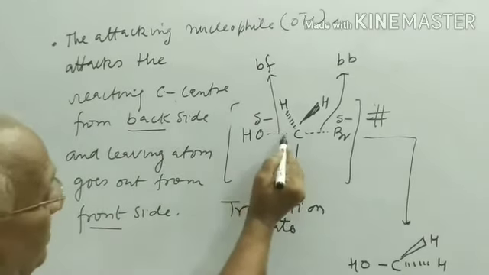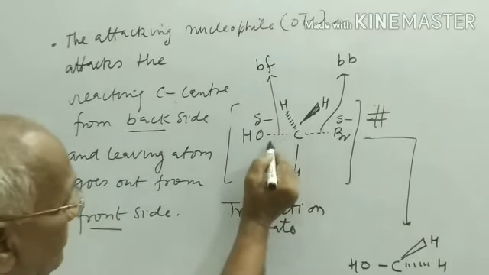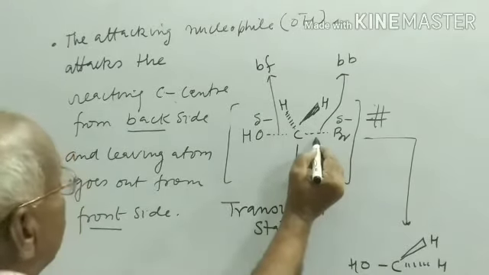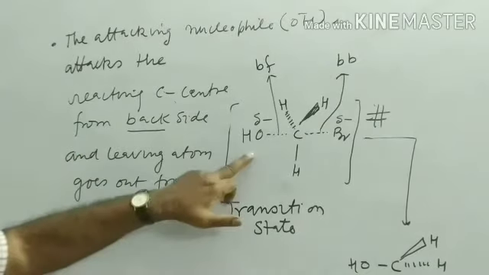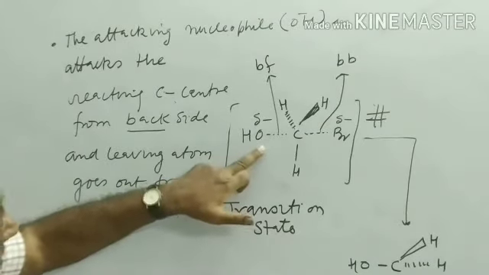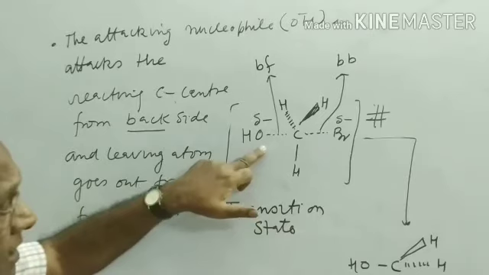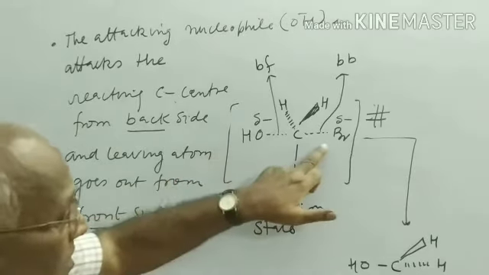This is backside attack, and this is going out from front side. So, the attack of the nucleophile is exactly at 180 degree to the position of the leaving bromide atom.